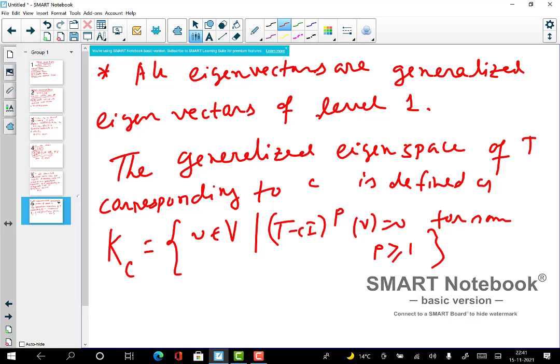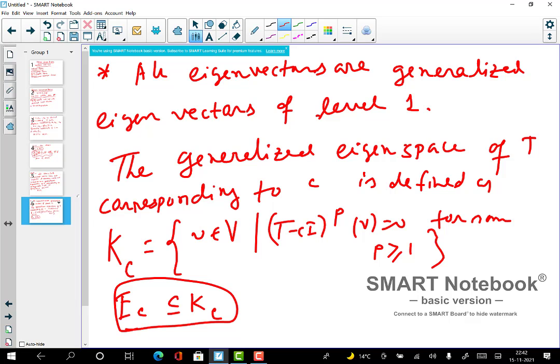This collection is called the generalized eigenspace, and you can easily note that the eigenspace is sitting inside the generalized eigenspace, right? This is obvious because you collect all such p, and for p equal to 1 it gives the eigenspace.